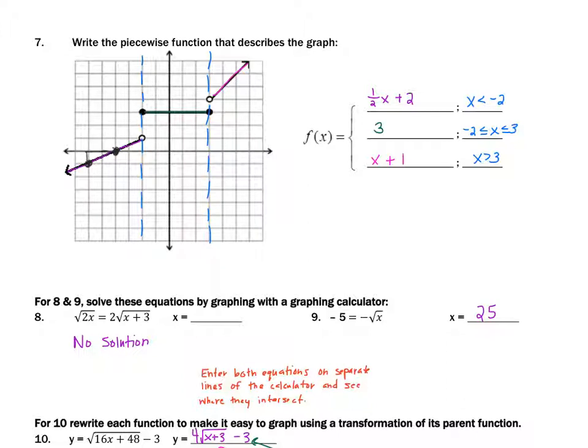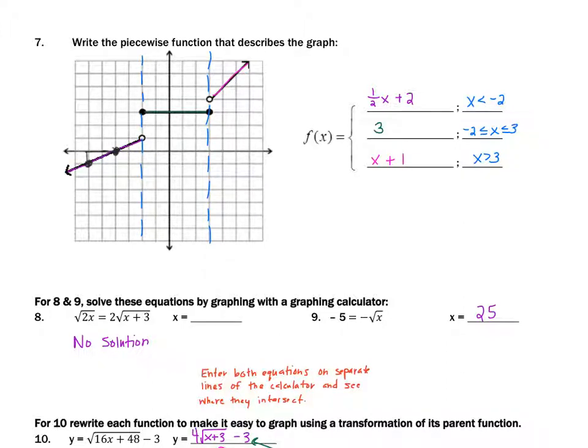If we continue that slope, up 1, right 2, and up 1, right 2, that gives us the y-intercept on that piece. So that's why we get the equation 1/2 x plus 2.